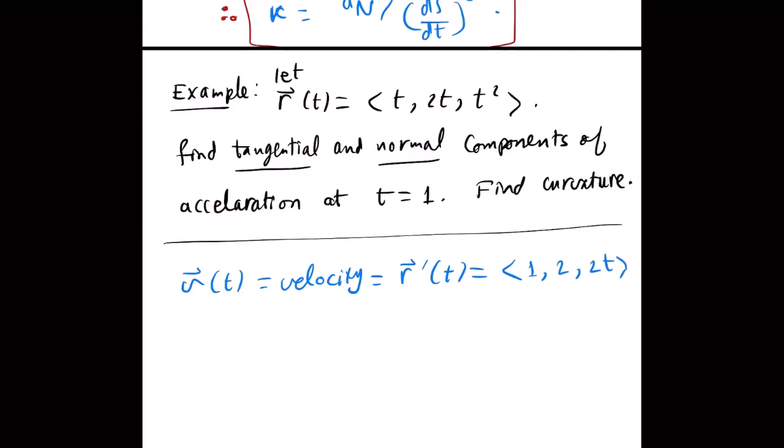And the acceleration vector is a of t, the acceleration as a whole, as a vector without resolving. We are asked to find the components of A along the tangent.